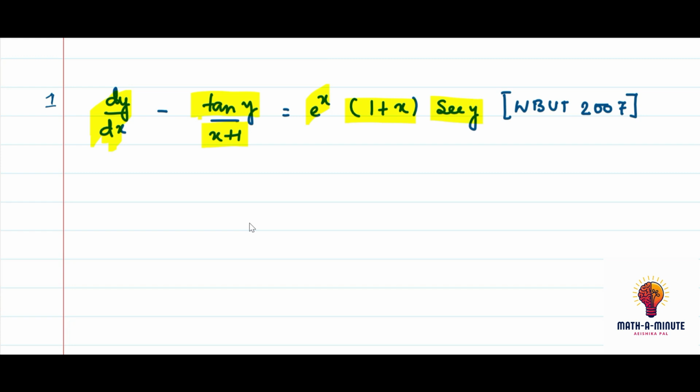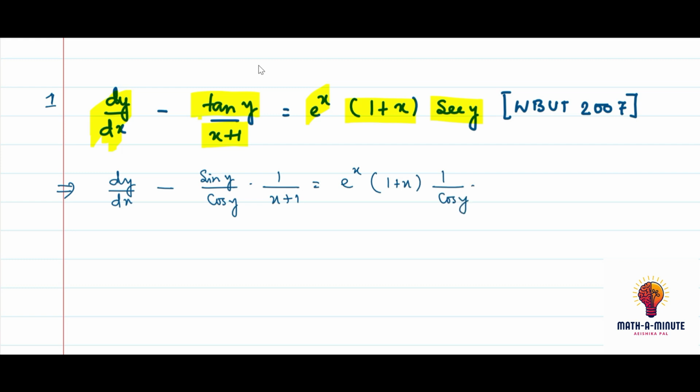Okay, so here we can write this equation in the form of dy/dx minus sin y by cos y into 1 by x plus 1 equals to e to the power x into 1 plus x into 1 by cos y.